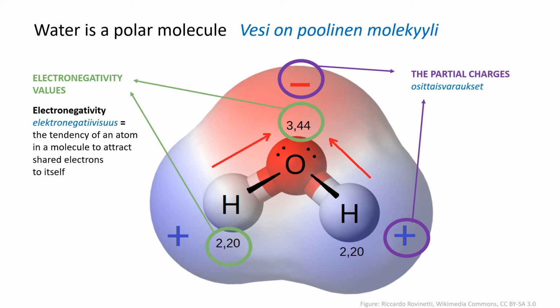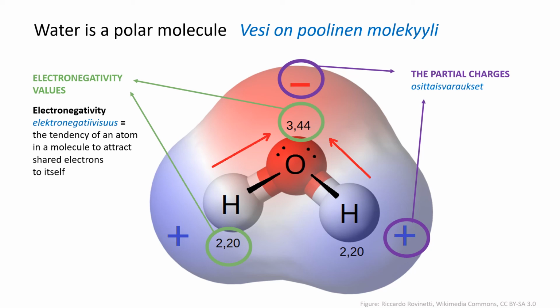Electronegativity is the ability of an atom in a molecule to attract shared electrons to itself. A covalent bond between two atoms with unequal electronegativities results in unequal sharing of electrons.